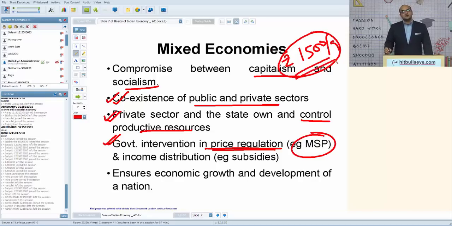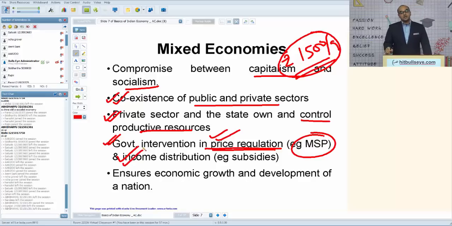This is done so that farmers have an incentive to produce more and more, and they should not suffer for a bumper harvest, because a bumper harvest will in fact lead to a crash in prices in a simple capitalist society. So there is in fact government intervention as far as price regulation is concerned.